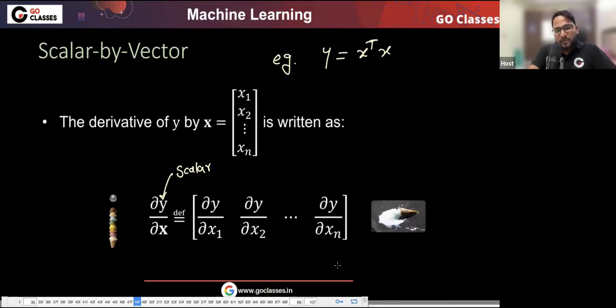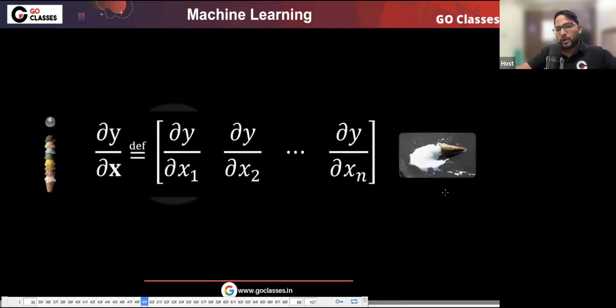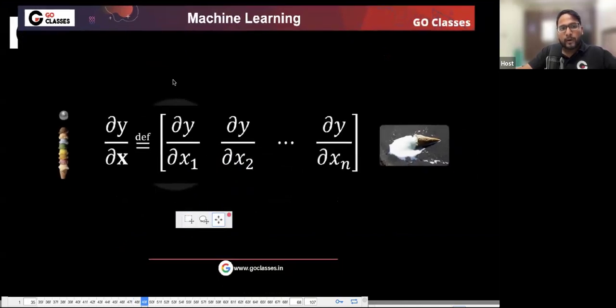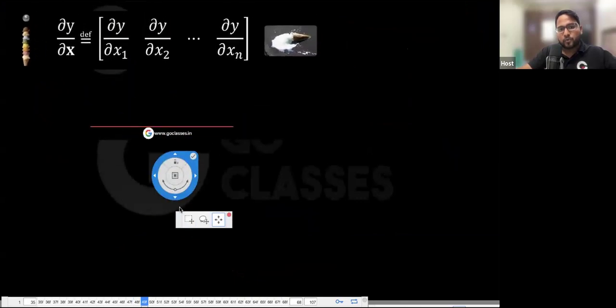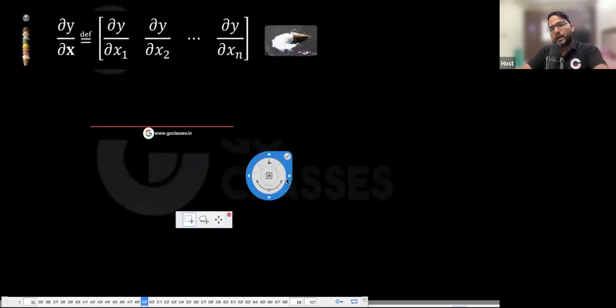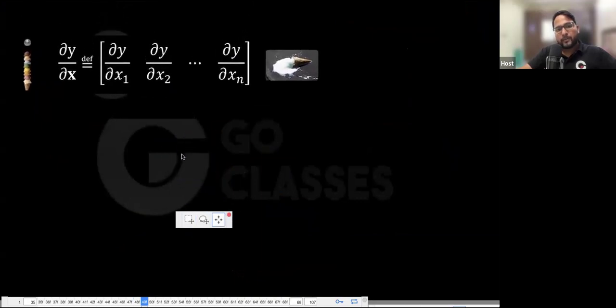If we are doing it, you can write the result as a row vector, or you can write the result as a column vector. It is up to you. Currently I'm writing it as a row vector, but if you want, you can write it as a column vector also.